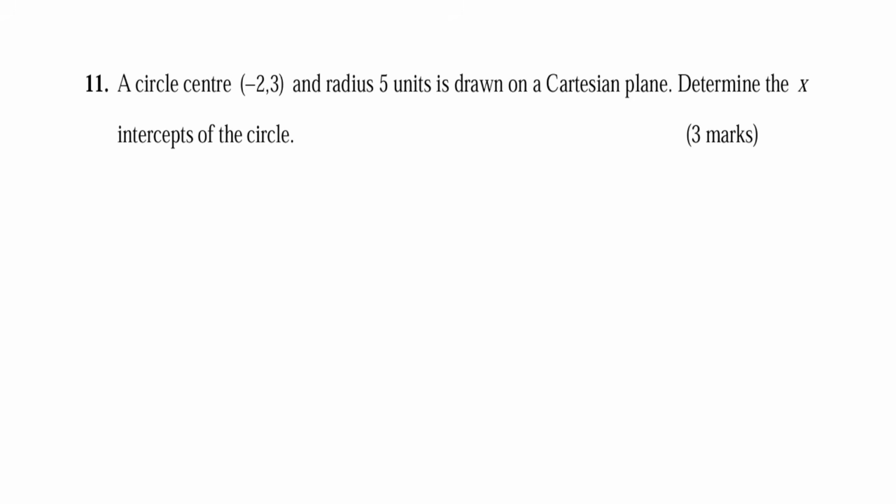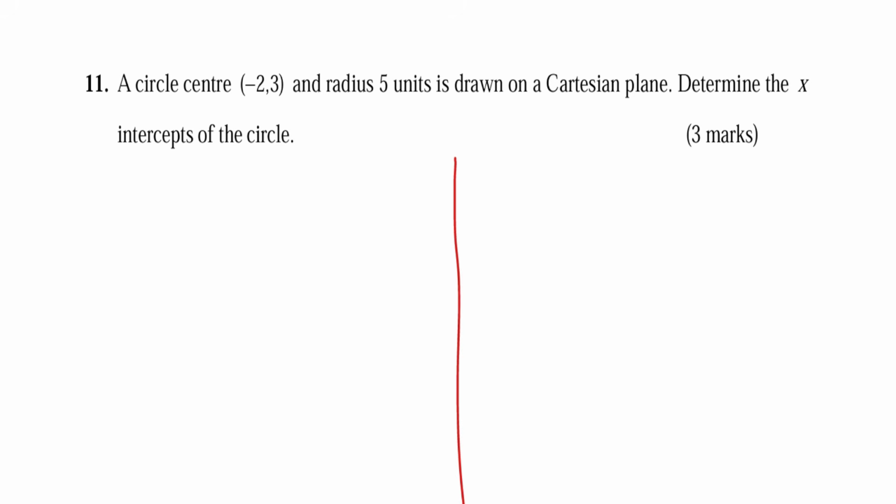Now, question 11. A circle center -2, 3 and radius 5 units is drawn on a Cartesian plane. Determine the x-intercept of the circle. Right. An easy question again, not that hard.